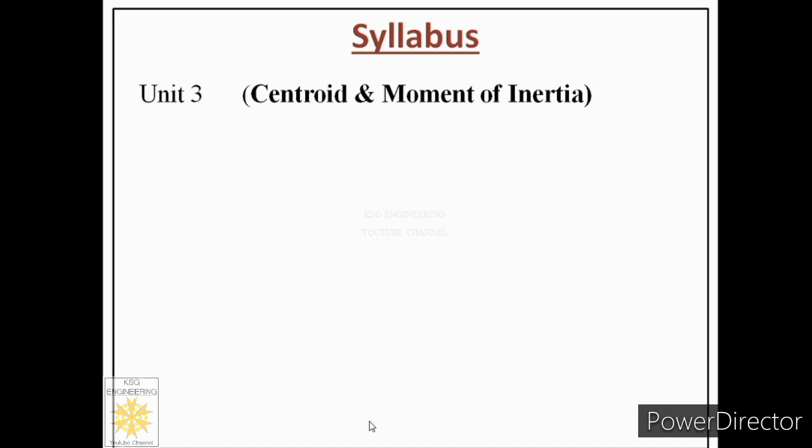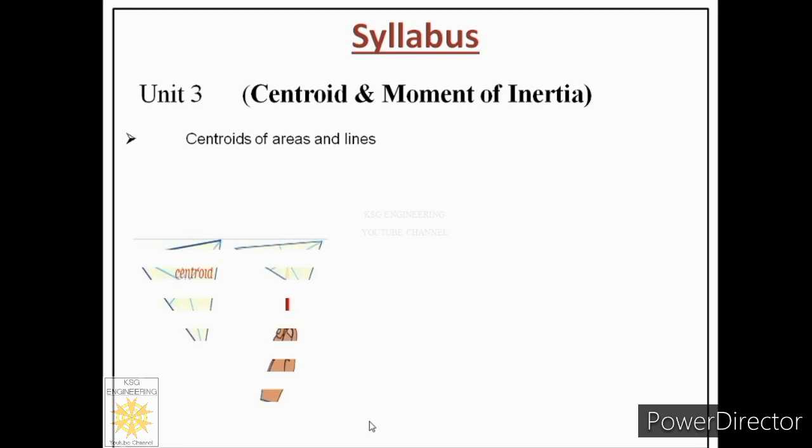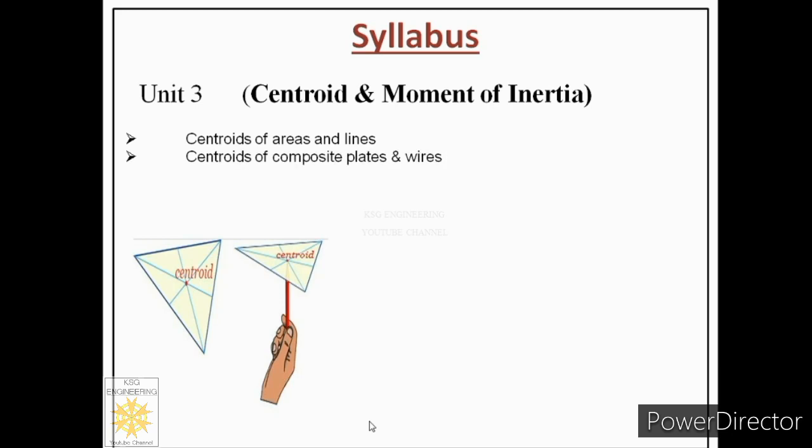Next is Unit 3. It is named centroid and moment of inertia. Basically in this unit, we will focus on these two topics, centroids and moment of inertia. We will cover centroids of areas and lines. We will learn how to find the centroids of different shapes or different areas and lines. Then we will also learn centroids of composite plates.